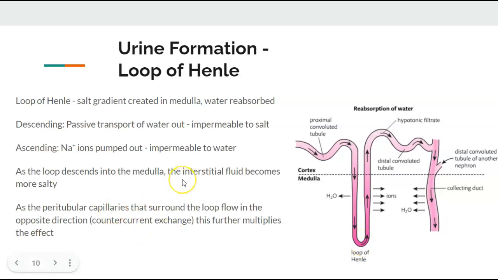The capillaries that surround this loop flow in opposite directions, so you have even saltier areas because it's going the opposite of what's happening, so it's not picking up the salt or the water the way that you would expect it to, which just compounds this and makes this interstitial fluid even more salty.